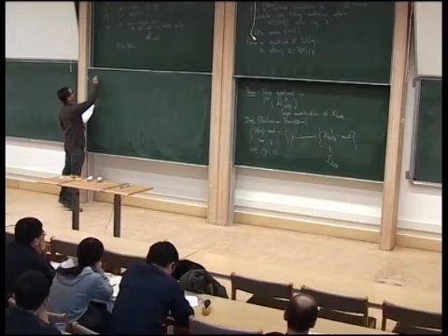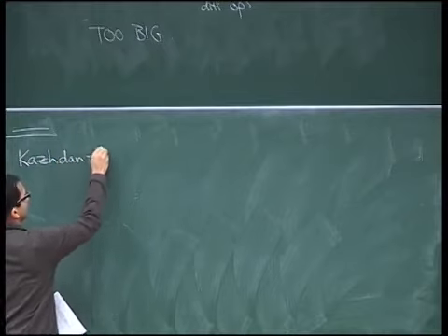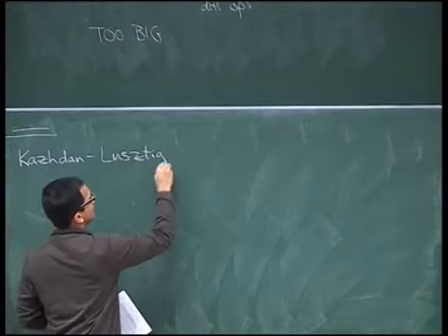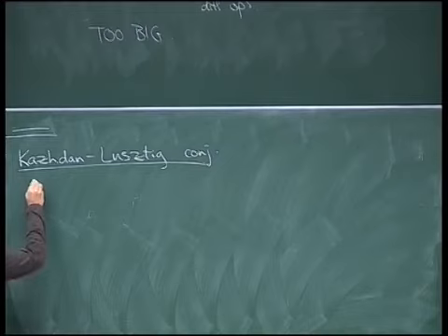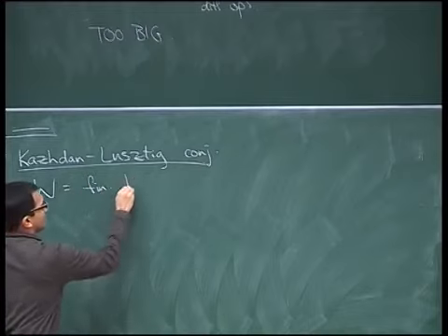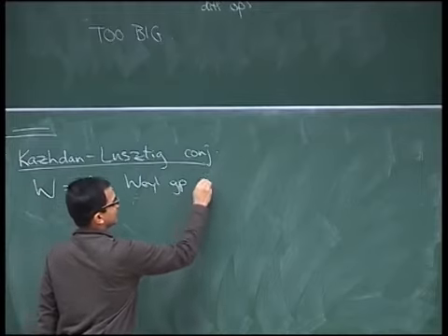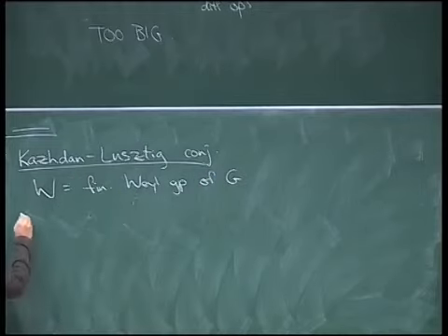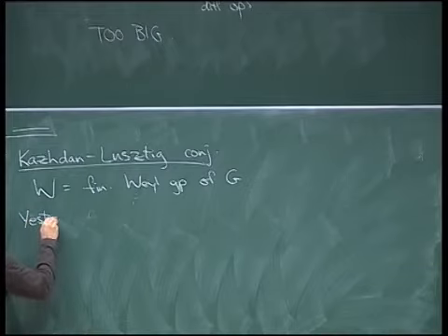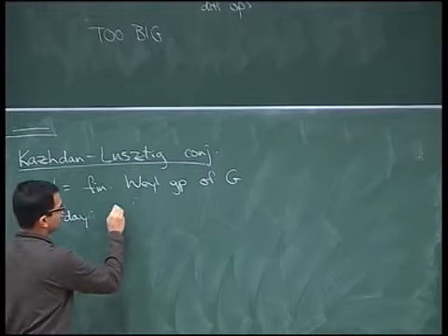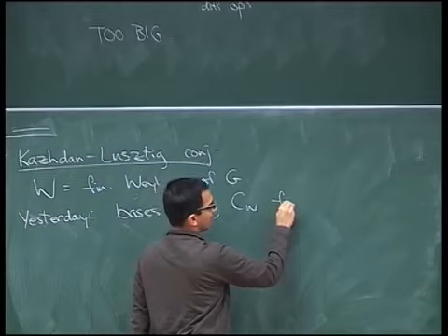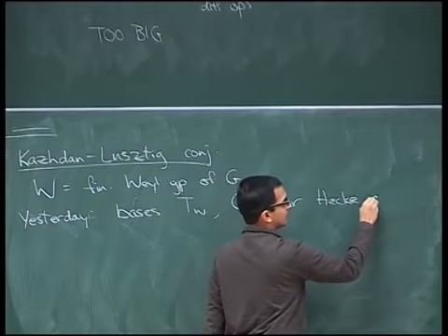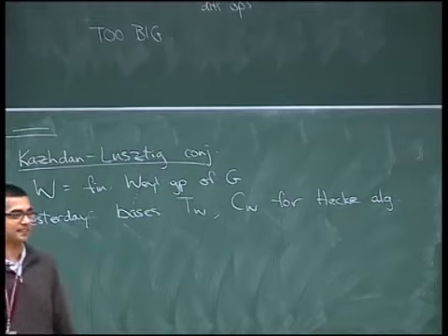So I'm going to put this aside for a while, and then tell you what the Kazhdan-Lusztig conjectures say. Okay, so let W be the finite Weyl group of G. And then yesterday in Meinolf's talk, we learned about the bases called T_w and C_w for the Hecke algebra. And so, of course, you can write one basis in terms of the other.